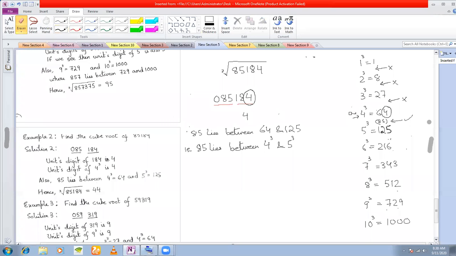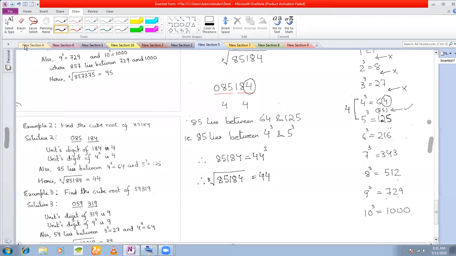So therefore, you choose from 4 and 5. Which number do you choose? Between these two digits, you choose the lower number, 4. And you write this 4 here. So therefore, you can say 85184 is equal to 44 cube. So therefore, what is the cube root? Therefore, the cube root of 85184 is equal to 44. I hope this example is clear.